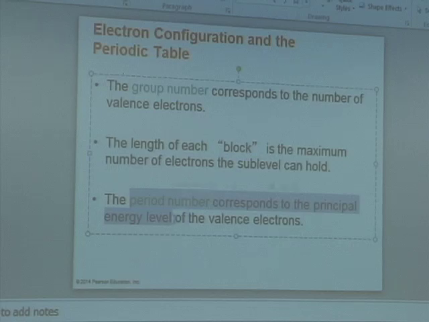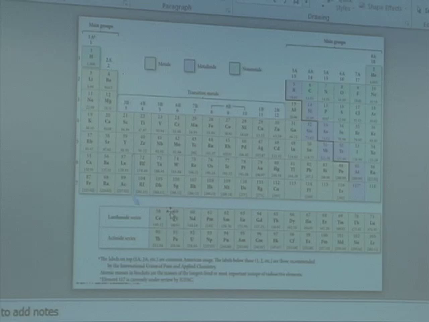If you look at our periodic table, the group is the number labeled across the top, 1, 2, and the period is the one going across, right? So you see for Rb, rubidium is in period 5. That's correct.